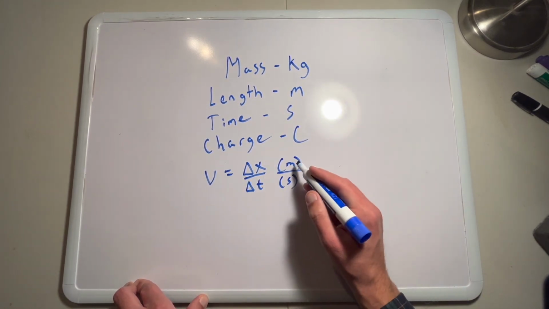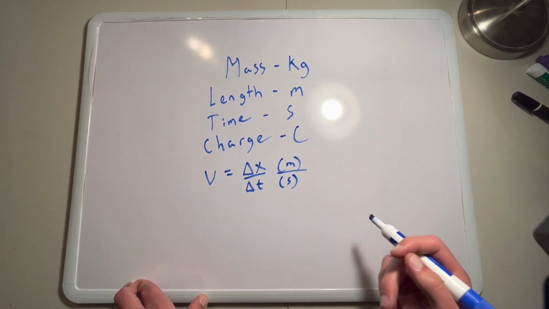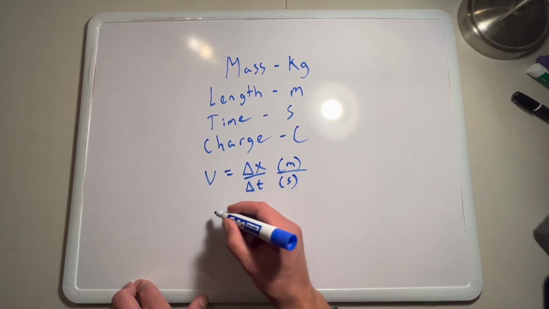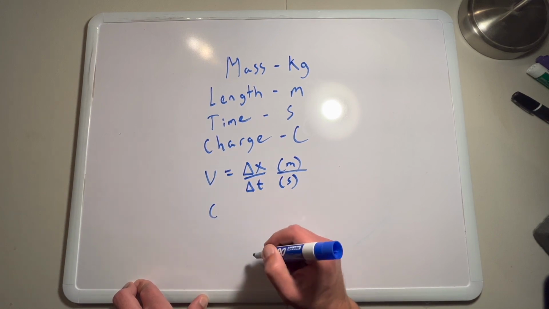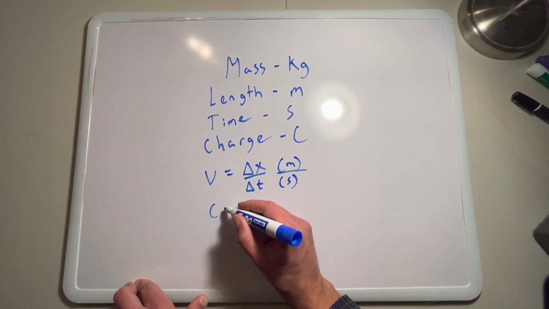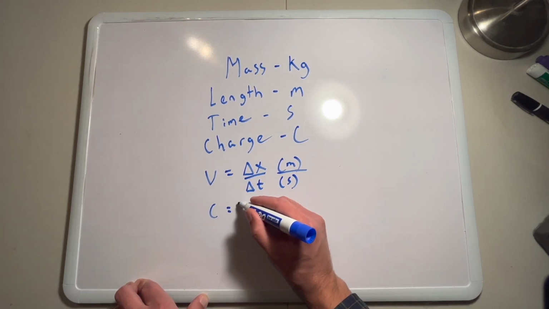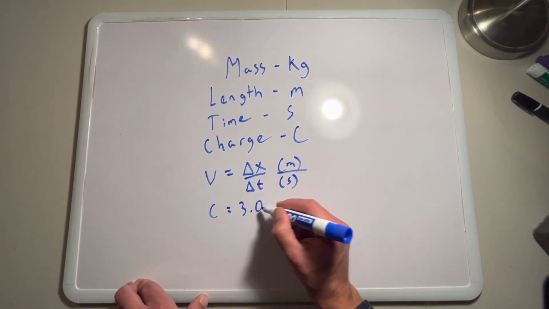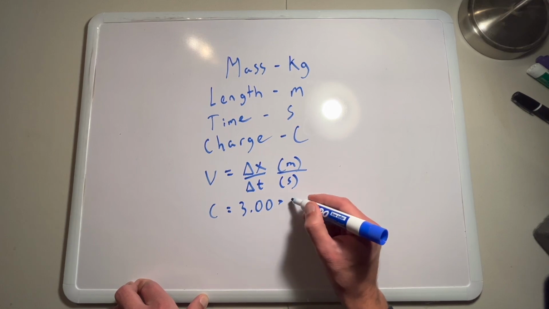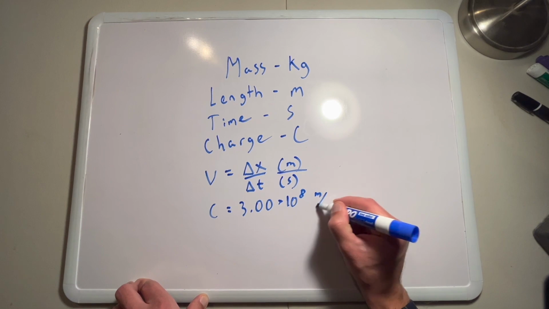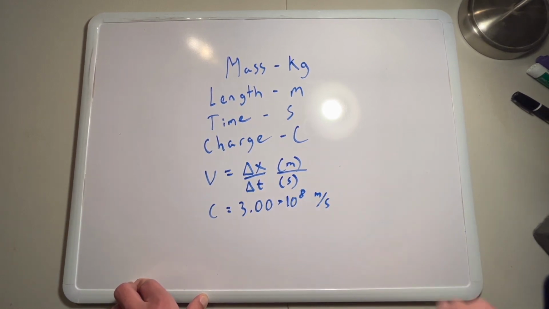So that is meters per second. Makes sense. That'll be especially useful for something like what we're doing here, which will involve a lot of the speed of light, c. So c is about 3 times 10 to the 8 meters per second. That is about the speed of light.